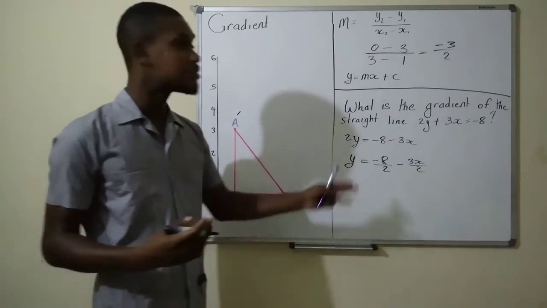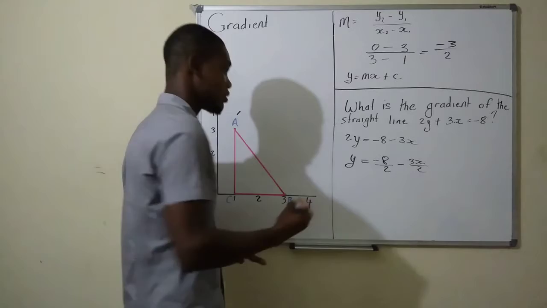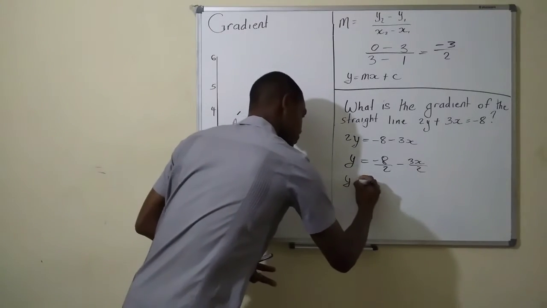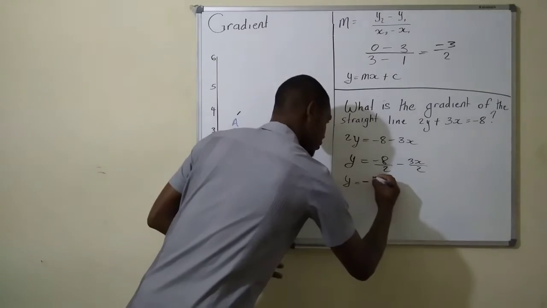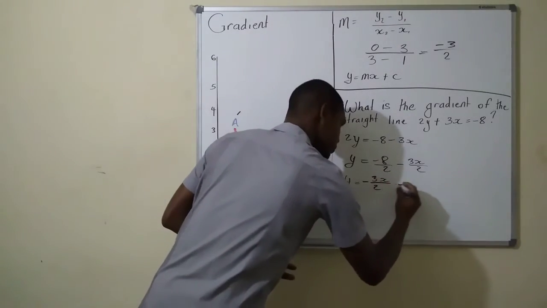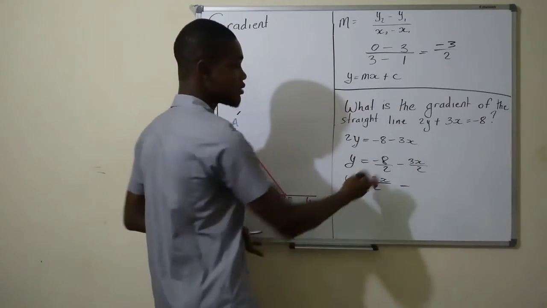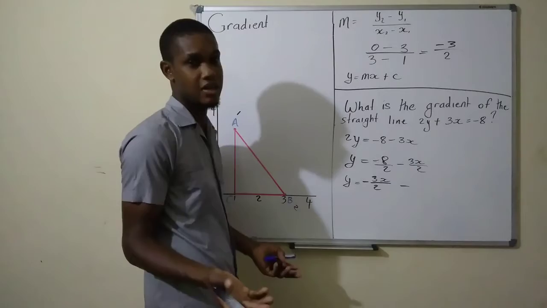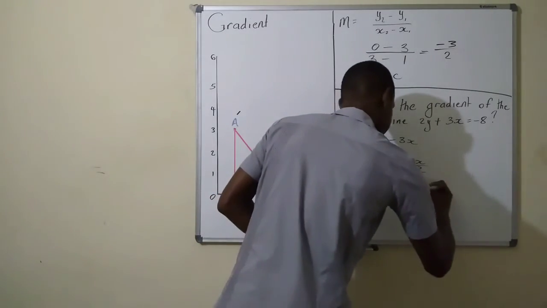Now it seems similar to this, but you can rearrange it in order to get a better understanding. So y is equal to, you can put this at the front, negative 3x over 2 minus... you can simplify that or keep it as it is. Negative 8 divided by 2 is negative 4. Or if you want to keep it as it is, it doesn't change the result.